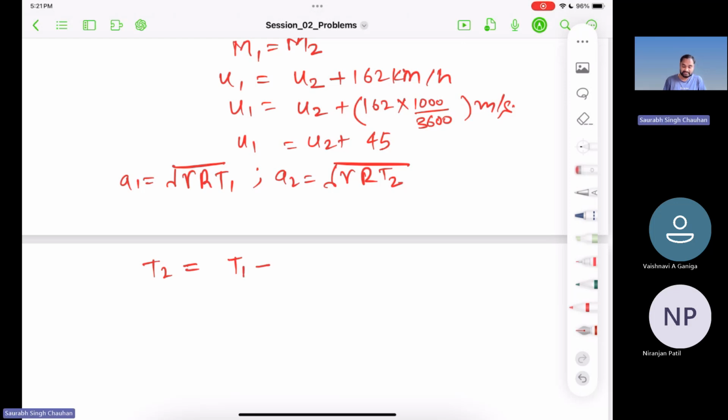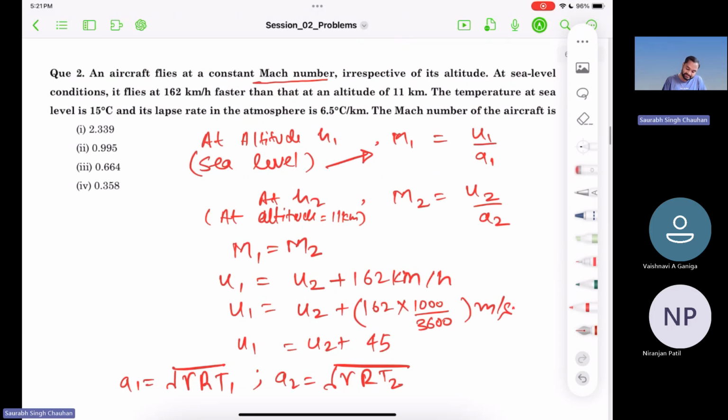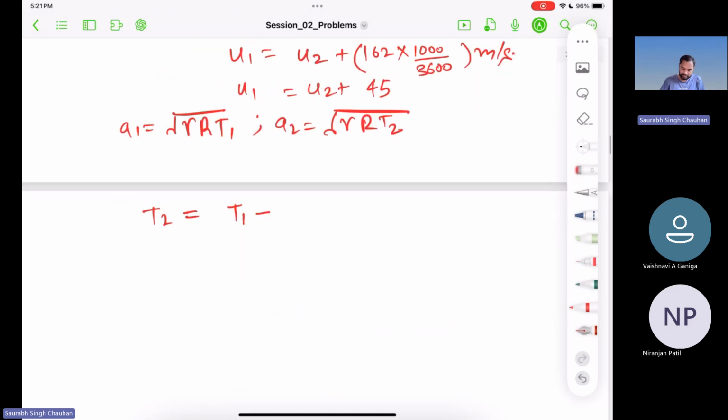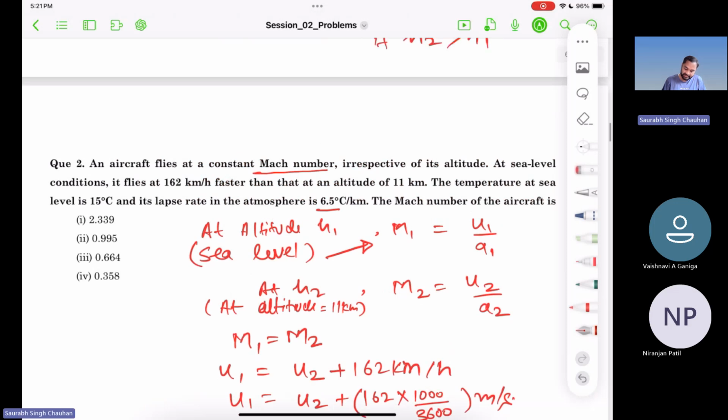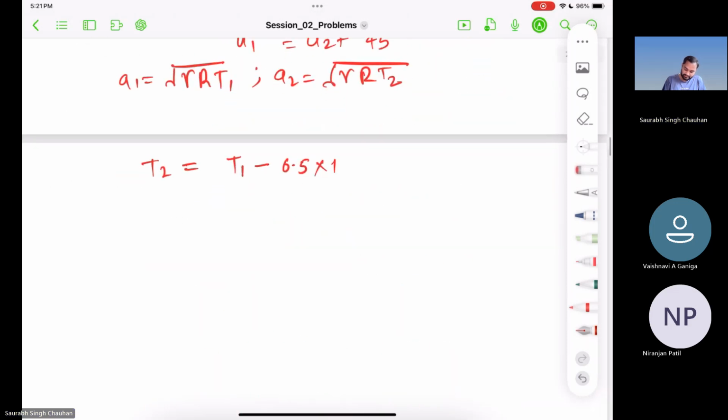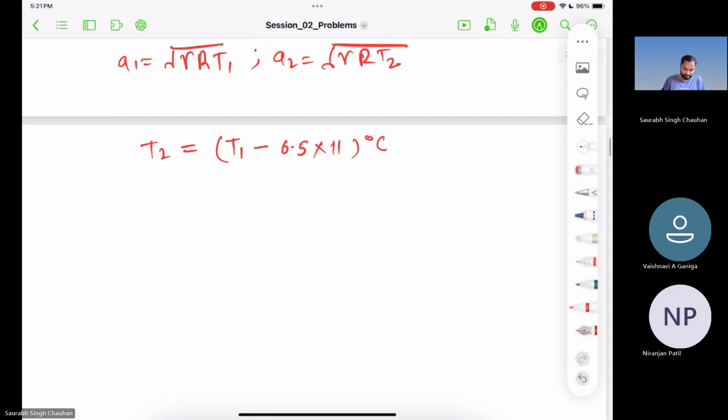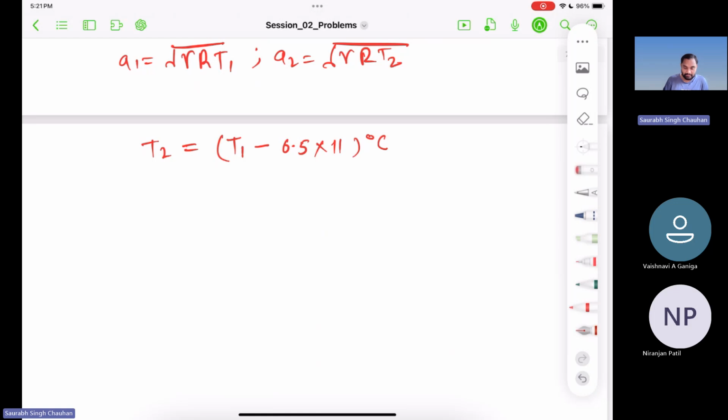T1 minus 6.5, since the temperature is decreasing at the rate of 6.5 degrees Celsius per kilometer, times 11 kilometers. If it is in Kelvin, then it will be in Kelvin.